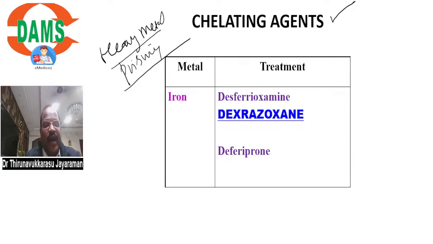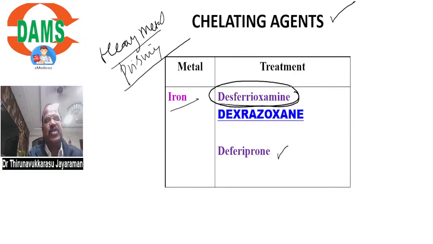For treatment of iron poisoning, the best drugs are desferrioxamine, deferiprone, and one more drug, dexrazoxane, all are iron chelators. Here they give the option desferrioxamine in your question, so this is the right choice.